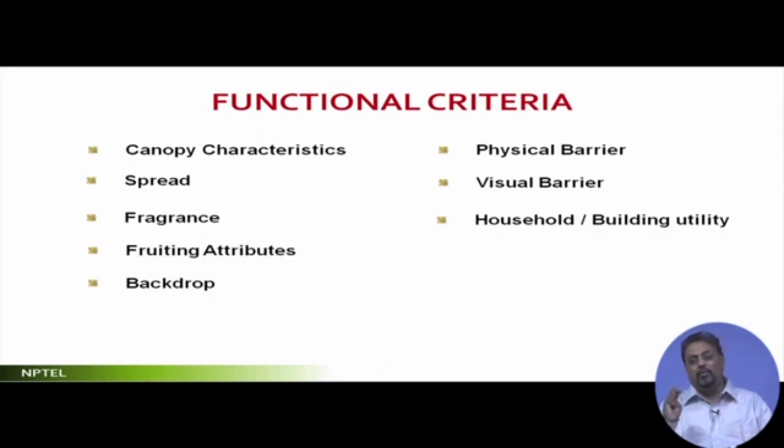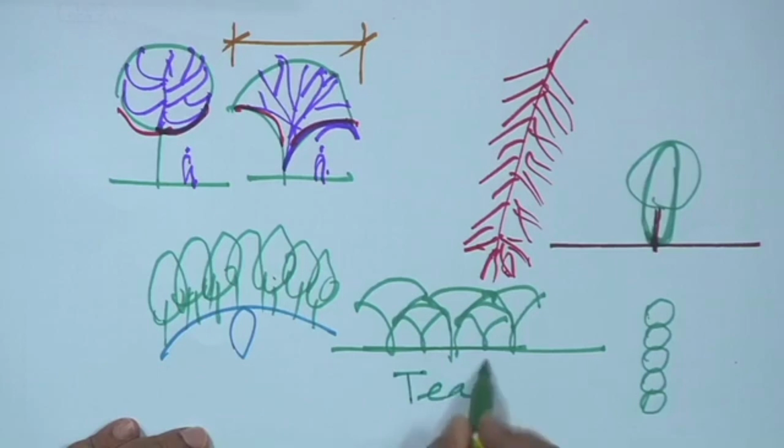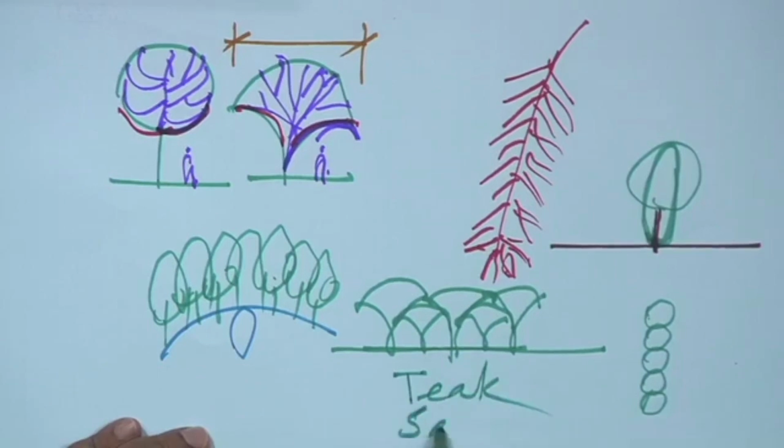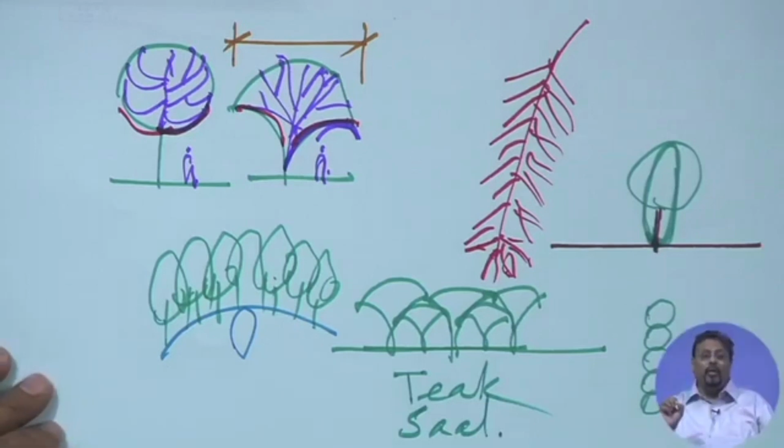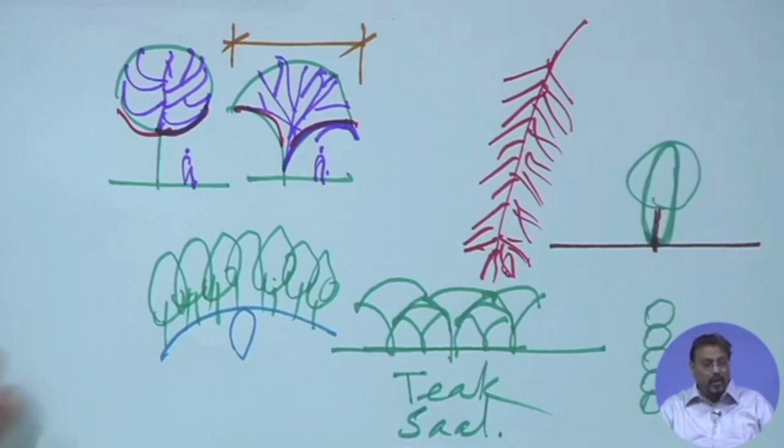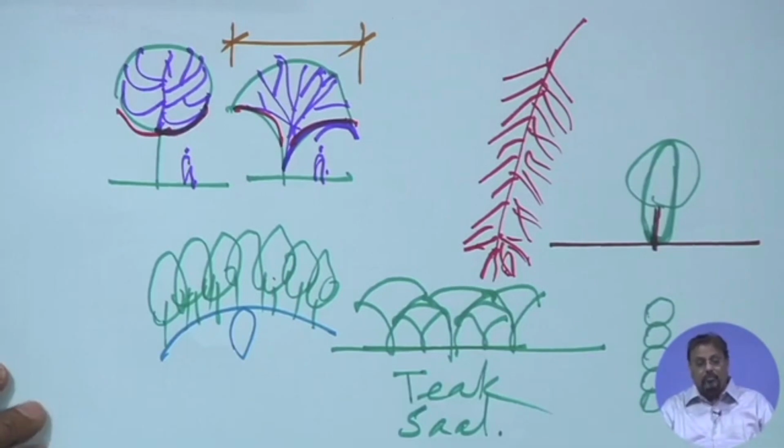An example, like if you have teak trees, Tectona grandis, or if you have sal trees, these trees have strong building and household utility. They are very quickly vandalized by people, not cattle, because teak is so costly. Sal too.